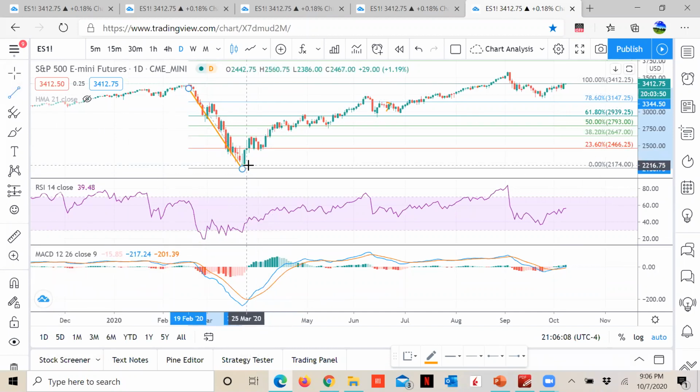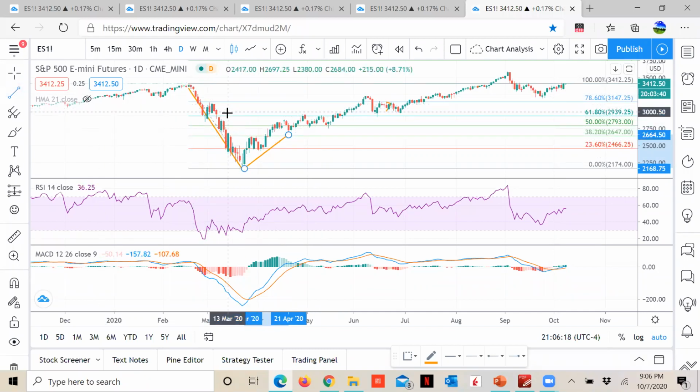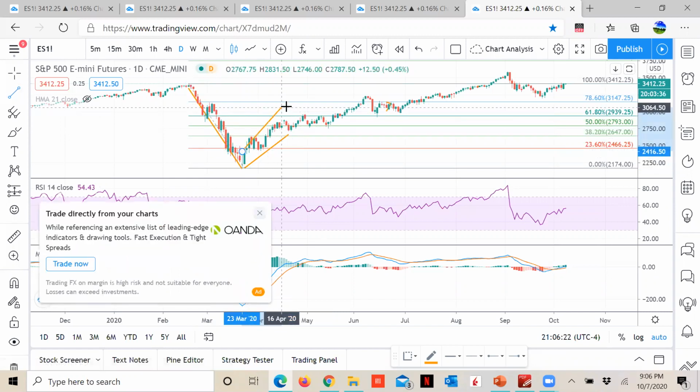In a similar fashion, if I draw a trend line to give me an idea of where this price is heading.